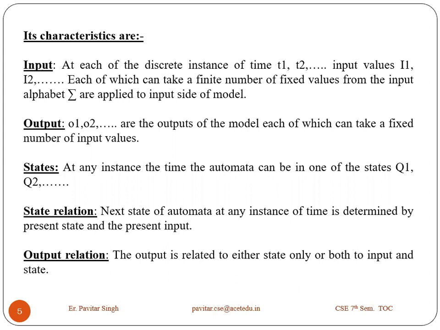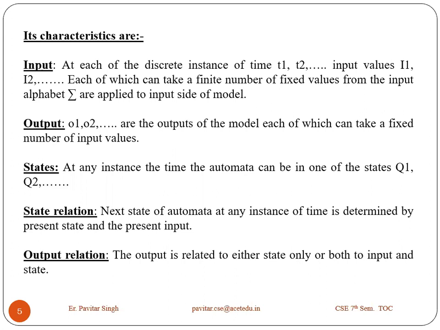Here at each discrete instance of time T1, T2 and so on, input values I1, I2 and so on, each of which can take a finite number of fixed values from input alphabet sigma, are applied to the input side of the model. So this is your input side of the model.